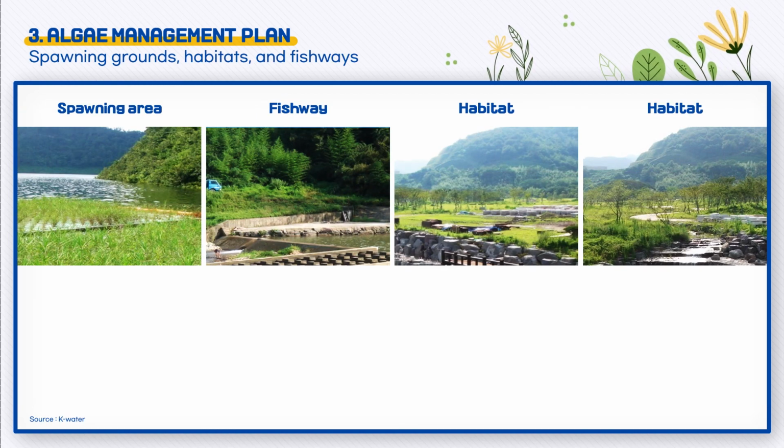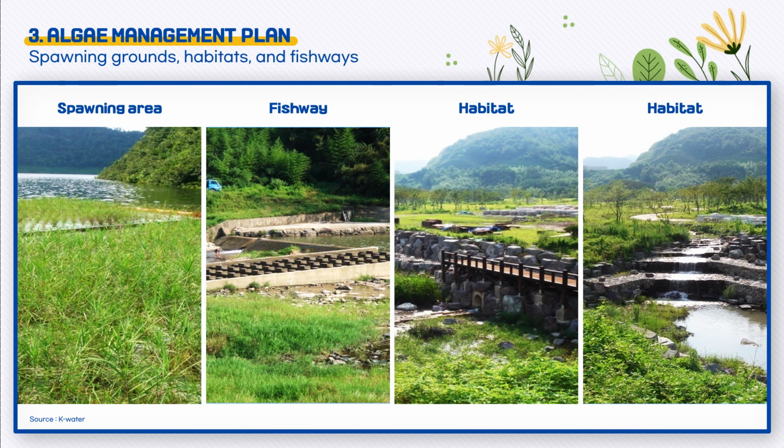Furthermore, K-Water is also making various efforts to preserve aquatic ecosystems, as shown in the images. Various efforts are being made, such as protecting the spawning areas of aquatic life, management of fishways, and protection of natural habitats.